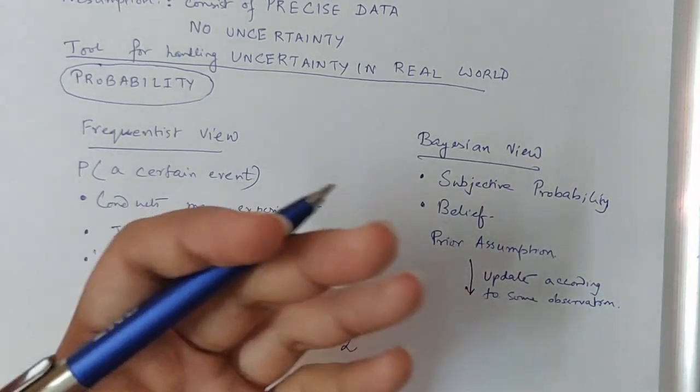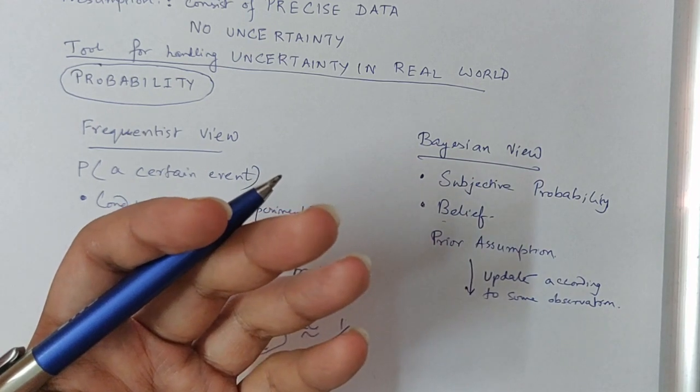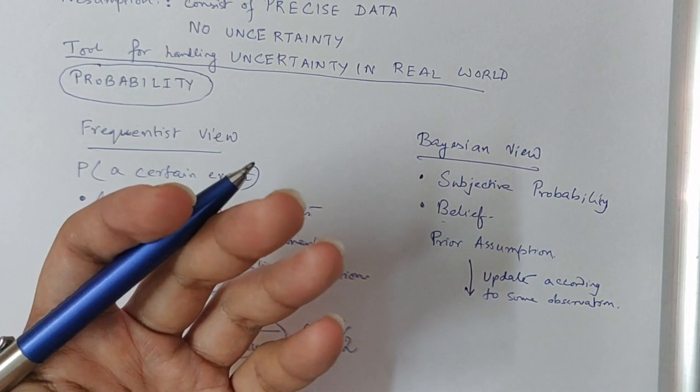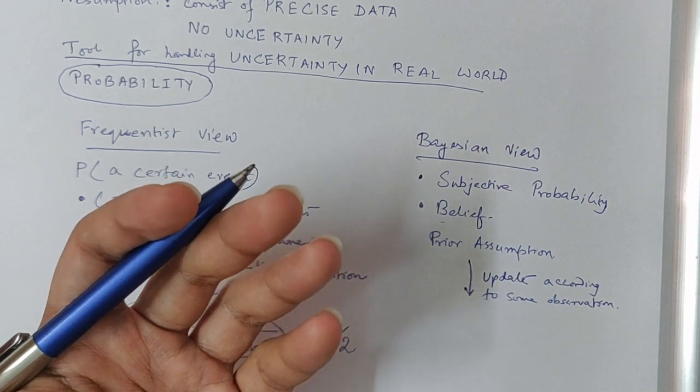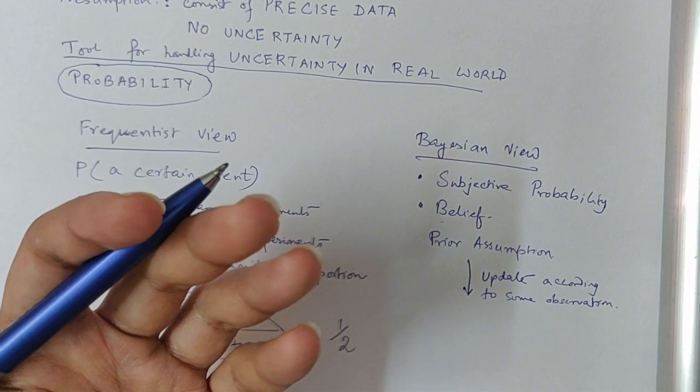So that is the Bayesian view of doing probability. You have some a priori assumption, then you see some observation or you have some evidence, and then you update your belief.